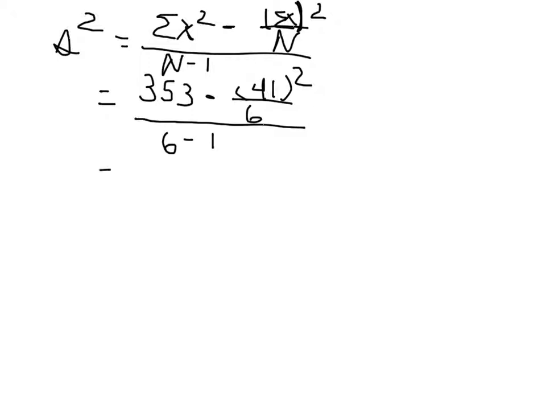All right, so that's going to be 353 minus 1681 over 6, the whole thing over 5.